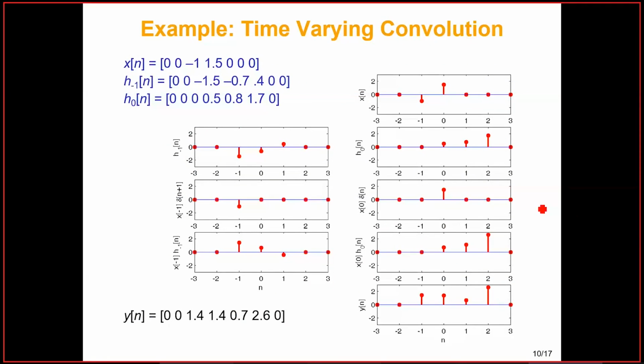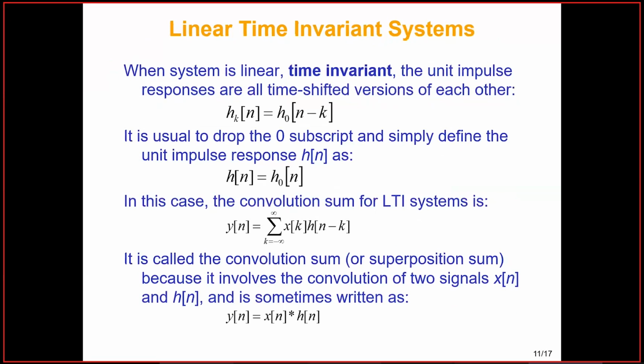Okay, here is another example of a system which is taking x of n as an input, and we can just judge what the output will be. I kind of skipped this example, not a very good example to follow. And this is basically the more conventional way of writing your convolution sum, and we have a symbol for convolution.